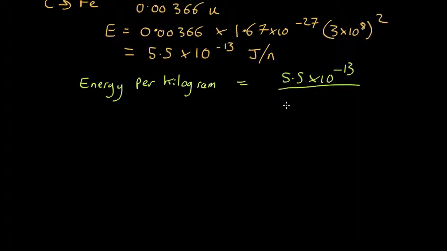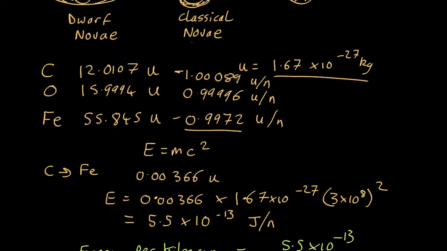Because 1 over the mass of the nucleon is how many nucleons you have in a kilogram. So the mass of a nucleon is the same atomic mass unit, roughly speaking, 1.67 times 10 to the minus 27. You can worry about whether it's this times the mass of the nucleon or that, but that's going to make very little difference here.